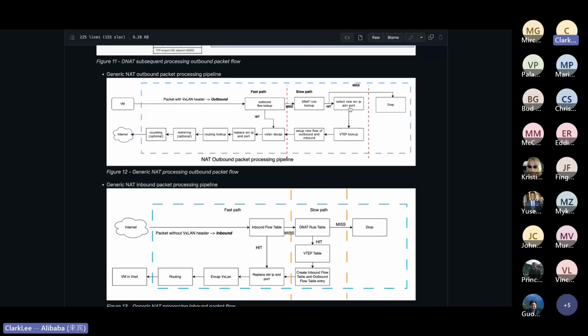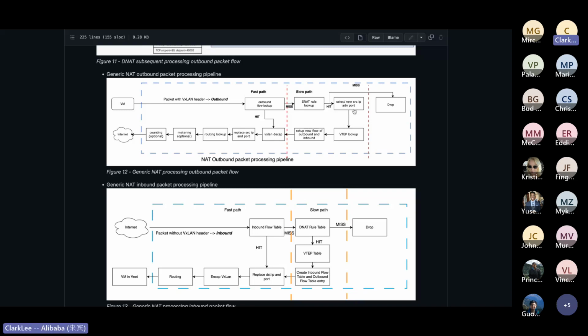One clarification here is that the port is actually assigned by some algorithm we are running, but we did not show it in this diagram because we want to make it simpler.